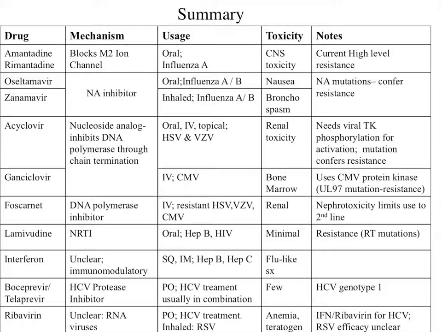We then talked about the herpes virus drugs, acyclovir, ganciclovir, and foscarnet. And we ended with a discussion of some drugs against hepatitis B, namely lamivudine and interferon. And we briefly introduced two new agents that are being used for hepatitis C infection, and those are boceprevir and telaprevir. Thank you very much.